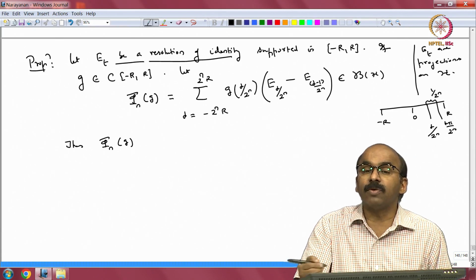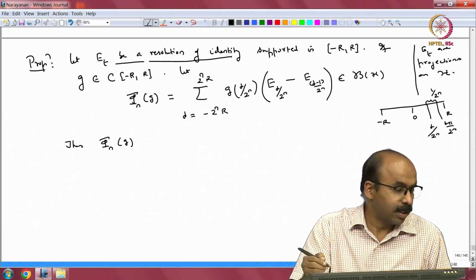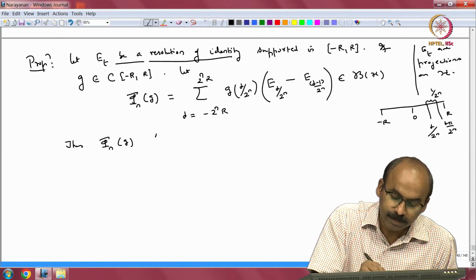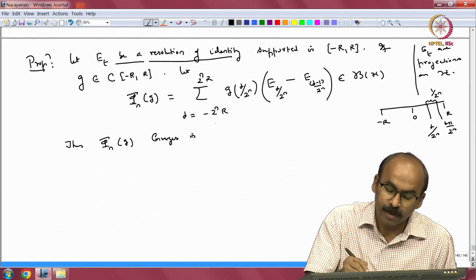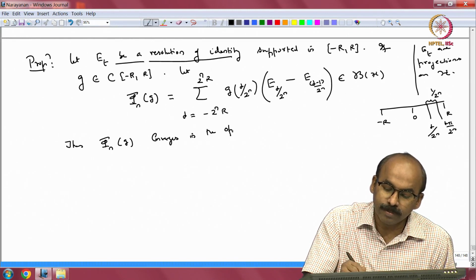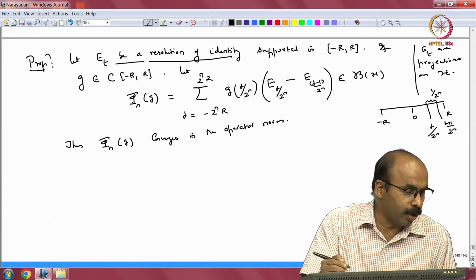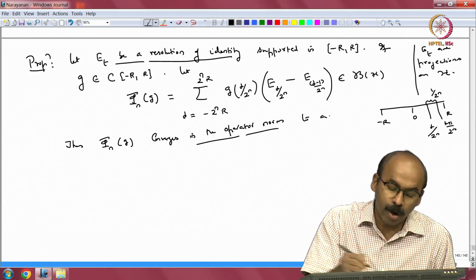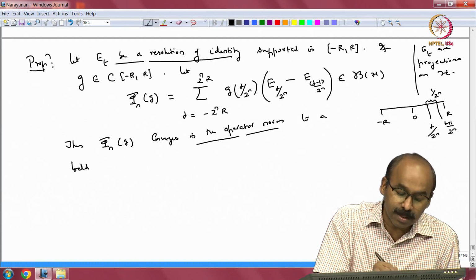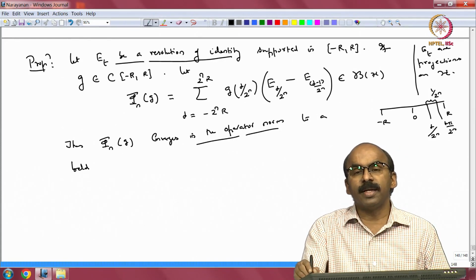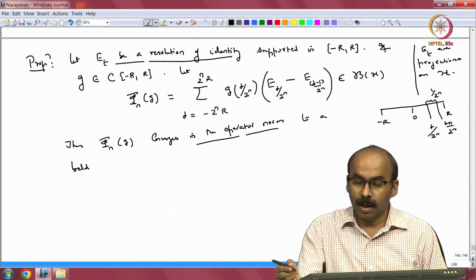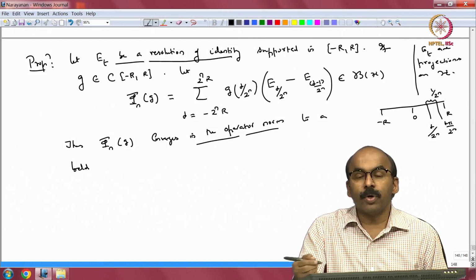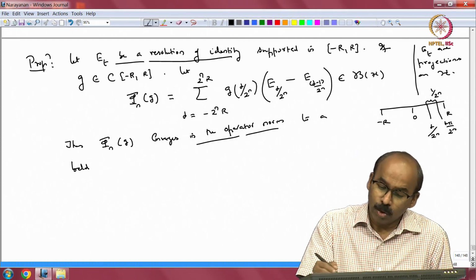So, I have a sequence of operators now in B(H). So, phi_n(g) converges in the operator norm to a bounded operator. Of course, the phi_n(g)'s are bounded operators. So, if phi_n(g) converges to something in the operator norm, it is going to be a bounded operator, right. So, to a bounded operator.